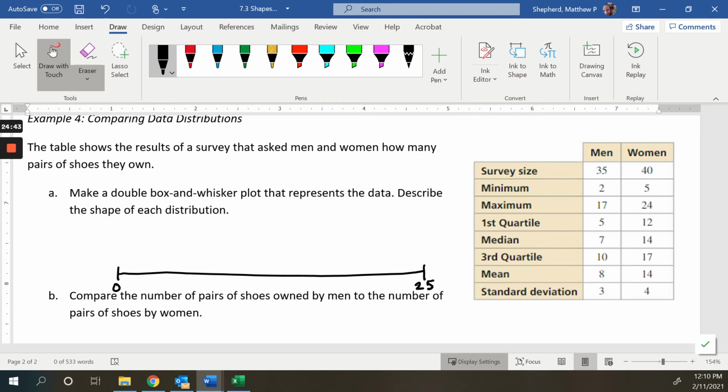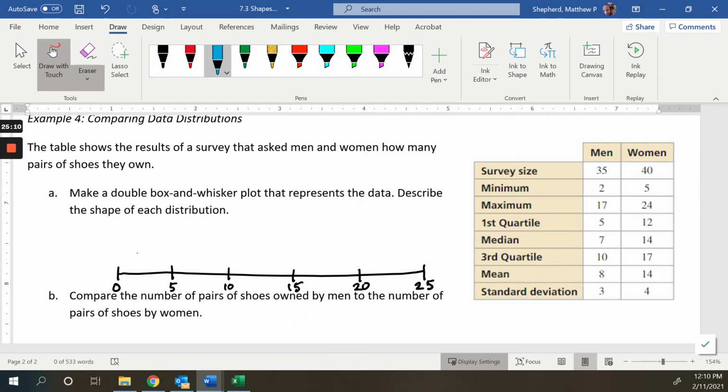Since I'm counting all the way up to 25, let's go ahead and try and count by 5s. So 5, 10, 15, 20. That's approximately evenly spaced. We'll go with that. There we go. So now to create our box and whisker plots, let's go ahead and start with the men.